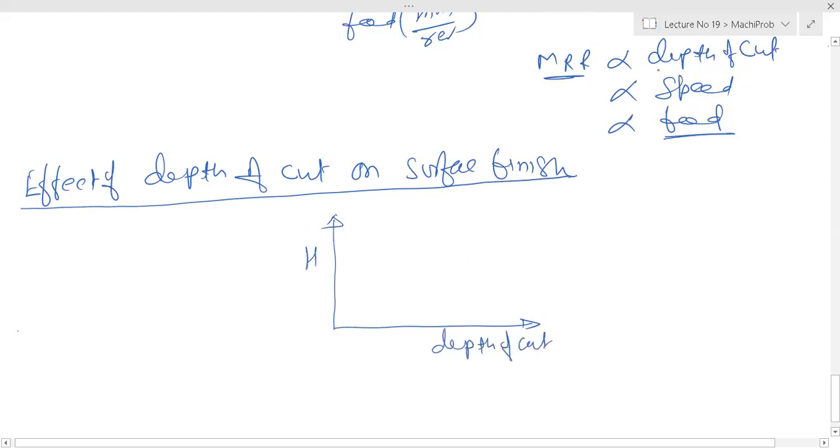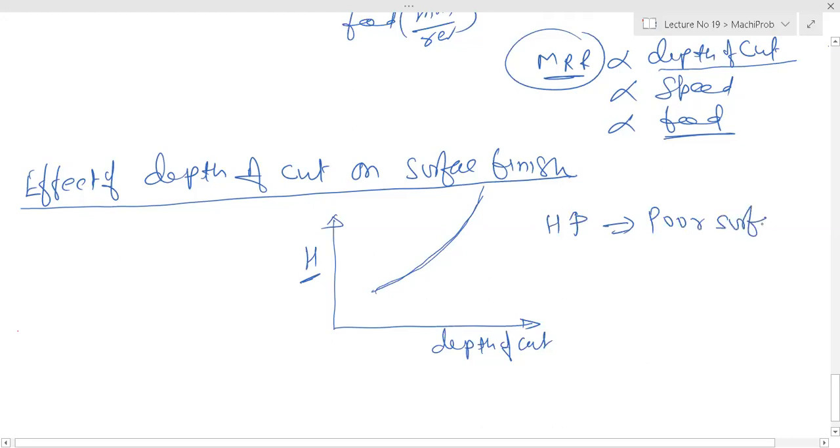Again we want to increase the depth of cut to increase metal removal rate, but the curve goes like this, means it is exponentially increasing. Higher the depth of cut, higher the force, higher the power consumption, surface roughness increases. Surface roughness H increases means you have poor surface finish.